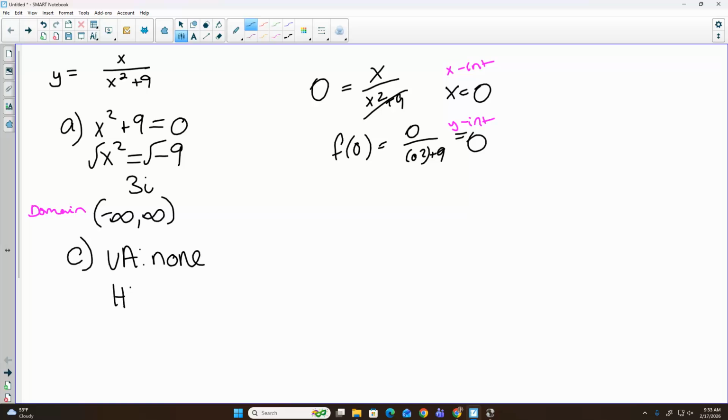And then your horizontal asymptote is the limit as it's approaching positive and negative infinity. So then I multiplied by 1 over the highest power of x, so 1 over x squared.